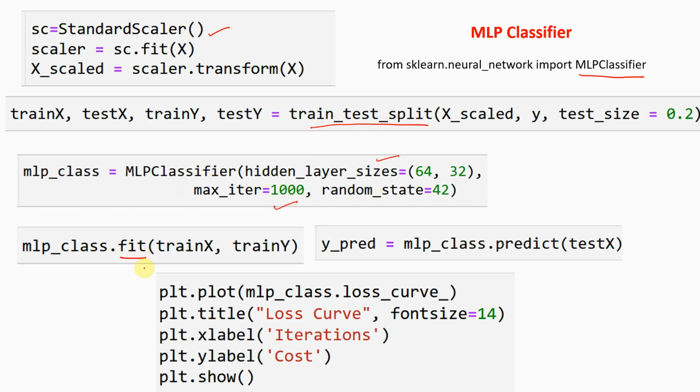Use the fit function to train your data, use the predict function to classify your unknown data, and display the loss curve. Here also you can use the grid search and the randomized search to optimize the hyperparameters before the MLP is given for the training and testing.